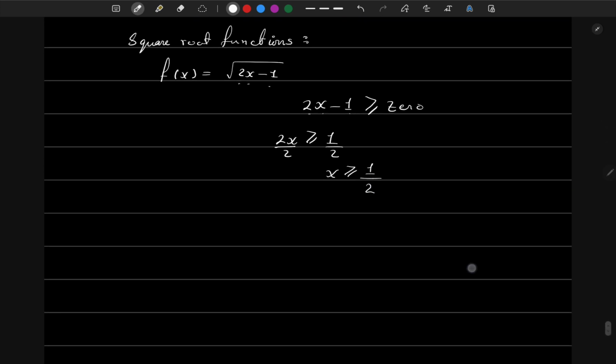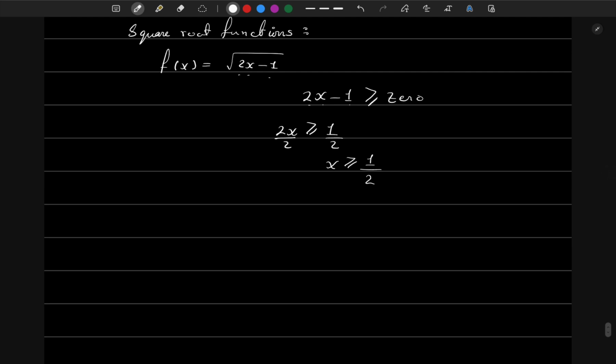So the domain of my function is any number that is greater than or equal to 1 over 2. Any number that is less than that is not part of my domain, because I'm going to end up with a negative number under the root.